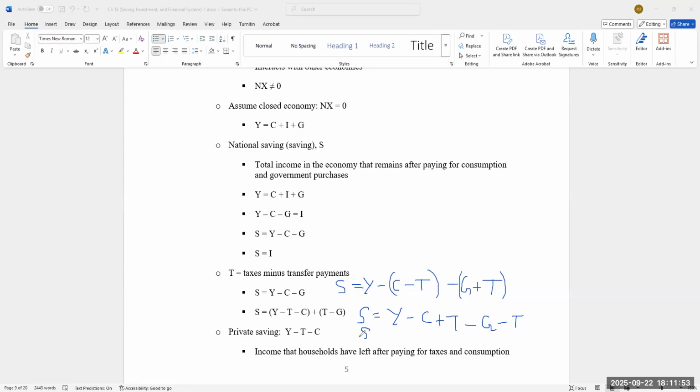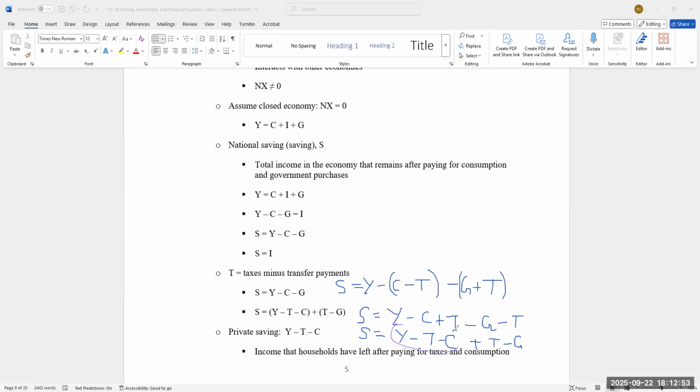So then I could rewrite this as S is equal to Y minus T, got it from here, minus C. And then I could group another term, which is plus T minus G. All right, so let me take all that out to make it less ugly.